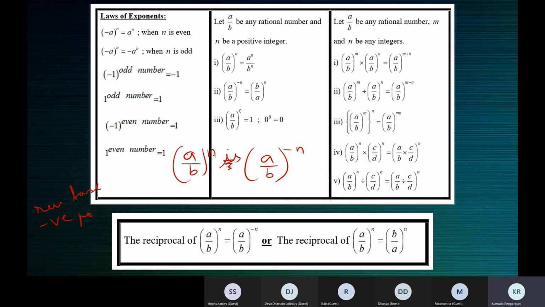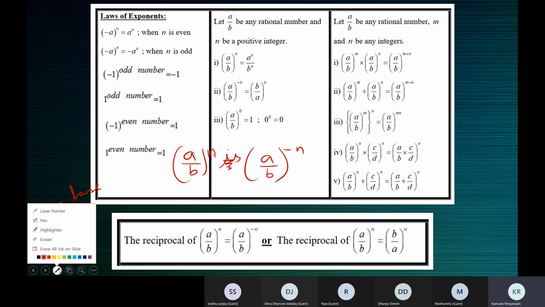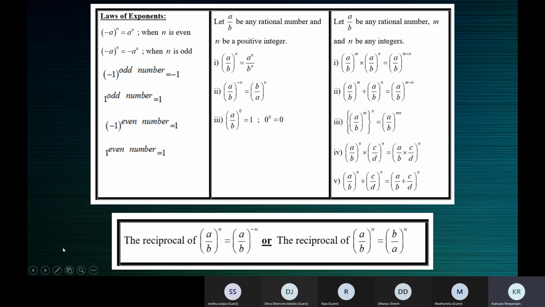Reciprocal of the base: for the base, you should take the reciprocal. Power: you must write the negative. Negative of the power means opposite sign. Plus becomes minus, or minus becomes plus. If you make both these changes, you're writing the equivalent of the given expression. If you make only one of these two changes, you're writing the reciprocal of the given expression. Is that clear, children?